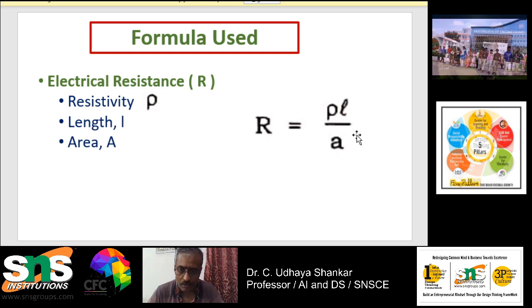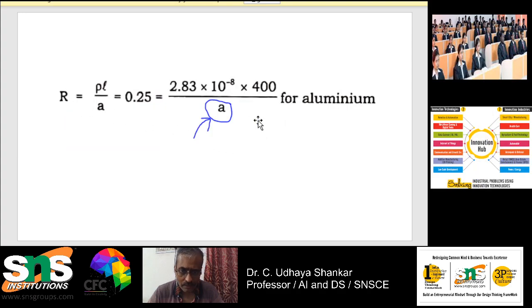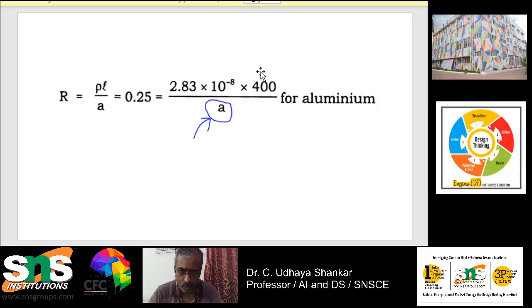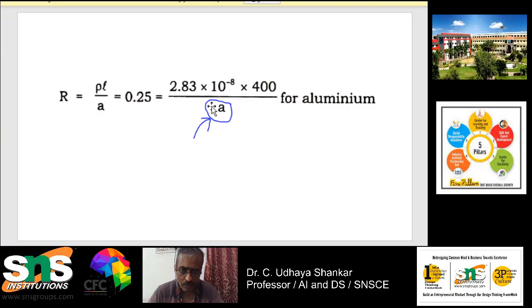R is 0.25 ohms, rho is 2.83 into 10 power minus 8, L is 400, the length of the wire in meters, and A is the parameter which I want to find.